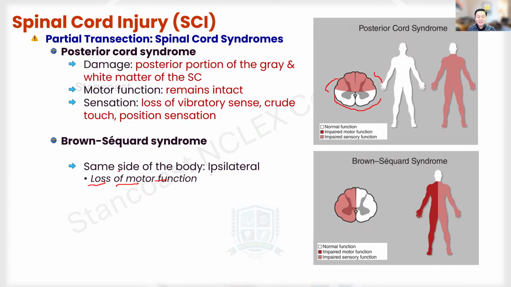So again, the motor function is going to be lost on the same side because the corticospinal tracts, which control the movement, are disrupted at this time. Now, take a look at the sense of vibration this time. This is also going to be lost. Their sense of body position will also be lost because of the damage to the dorsal columns, which is right here.